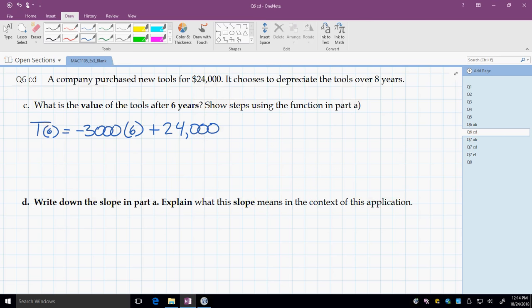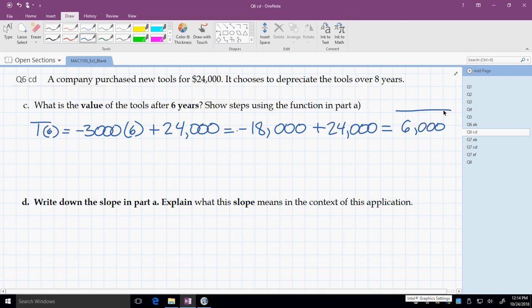If we multiply negative 3,000 times 6, we're going to get negative 18,000 plus 24,000. We have different signs. That means we need to subtract and keep the sign of the largest number, which is going to be 6,000. 6,000 is going to be the value of the tools after 6 years.